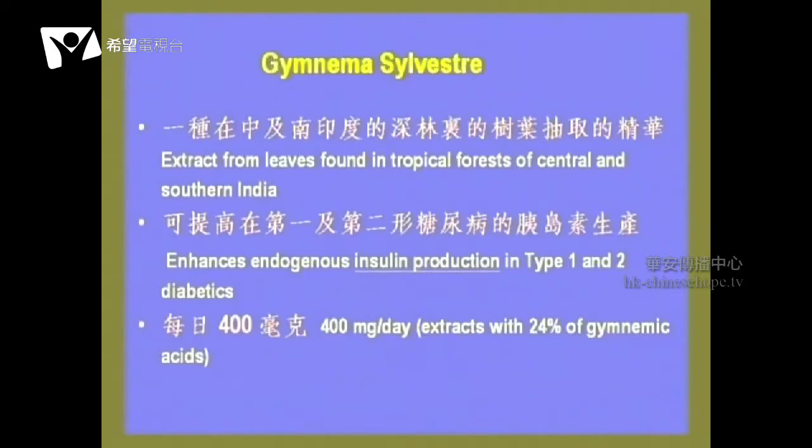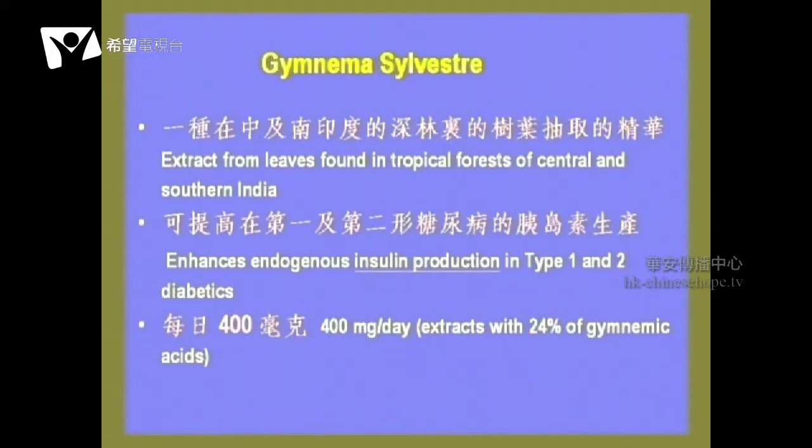It also has properties to increase insulin production, and we advise a dose of 400 milligrams of the extract per day. So apart from diet, we can do something in terms of exercise.